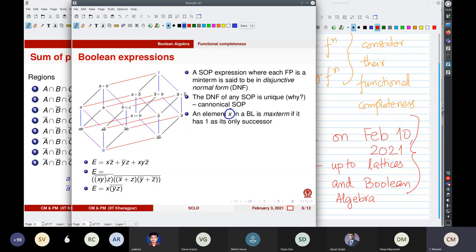An element x in a Boolean lattice is a max term if it has 1 as its only successor. It is better not to write that x, because x is not a variable. So actually these are your max terms.